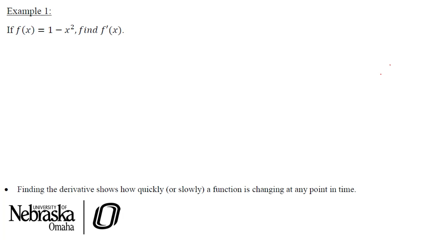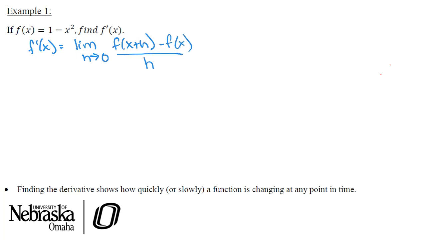So an example. The last slide said f prime of x would equal the limit as h approaches 0 of f of x plus h minus f of x over h.